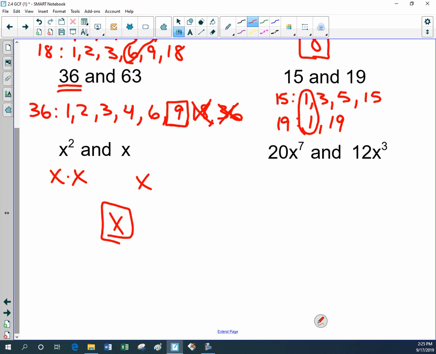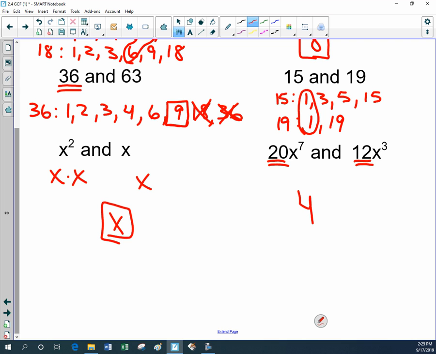Okay, on the next example, 20x to the 7th and 12x to the 3rd. Let's break this down into two parts. Let's look at the numbers first. Let's identify the greatest common factor of 20 and 12. The greatest common factor of those two would be 4.